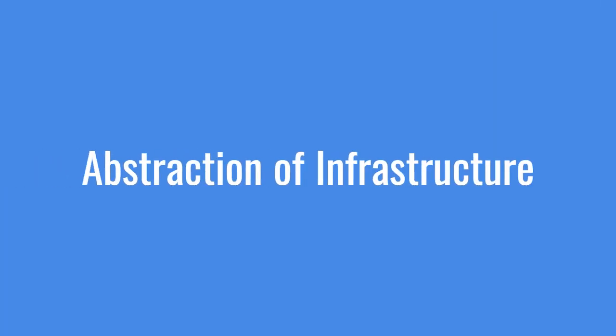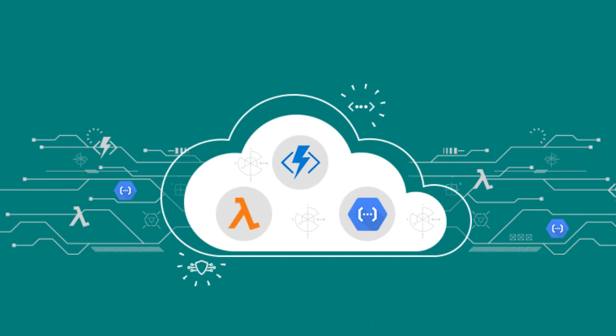Then abstraction of infrastructure means developers do not need to manage or provision servers, they only need to focus on writing code. The cloud providers take care of the infrastructure, handling tasks such as server provisioning, maintenance, and scaling. Friend, we know that in IT based organizations, there are technical engineers who manage the infrastructure, normally on premises, in a data center in which the servers reside. However, in a cloud based environment, infrastructure is managed by cloud providers like Amazon, Google, or Microsoft.